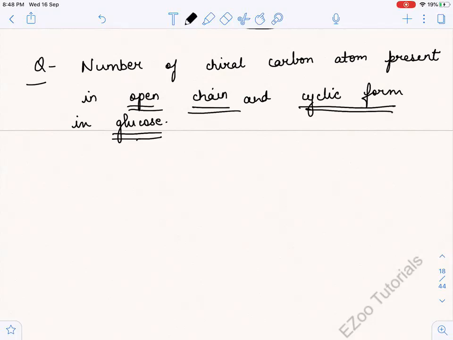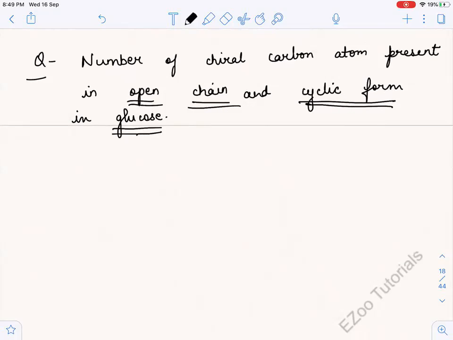I will be really disappointed if you can't draw glucose in open chain and cyclic form. I've told you so many things, how to draw lactose and sucrose and maltose and everything. So don't say you don't know how to draw glucose, guys, please. If you don't know, please see the last video in detail, take a notebook and a pen and try to draw it. Now I'm giving you time. Okay, so let me draw.